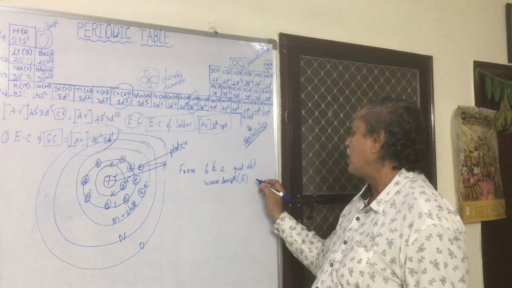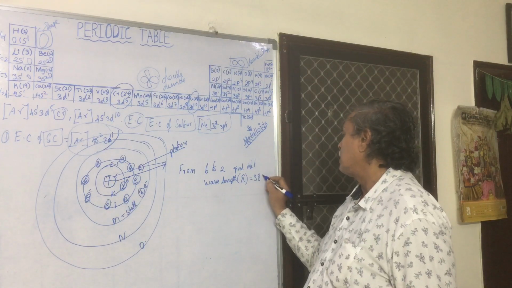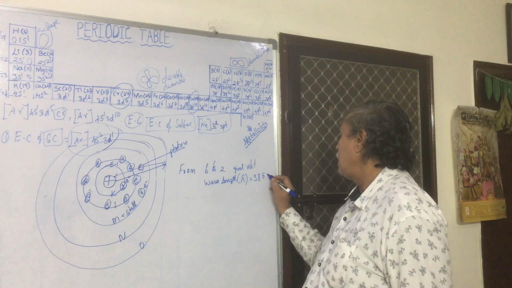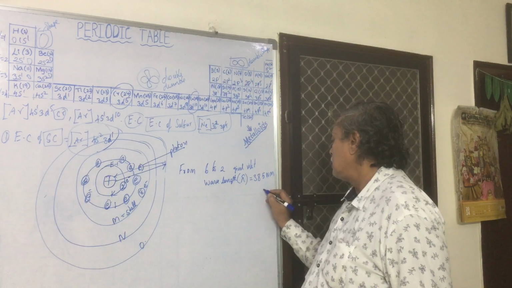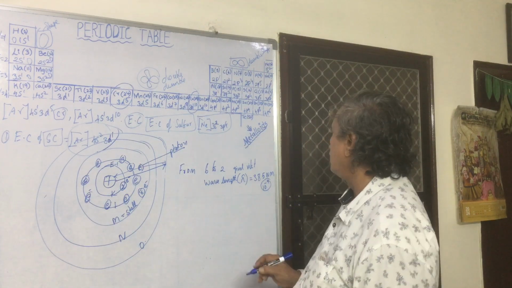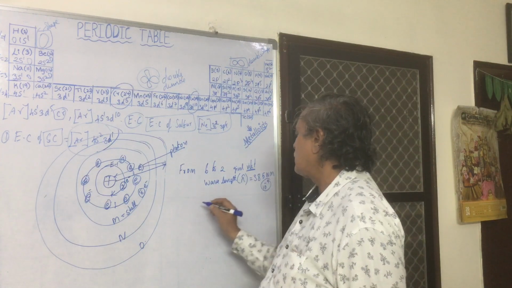It is 385 nanometers, which is 10 to the power of minus 9 meters. This is the wavelength of violet.